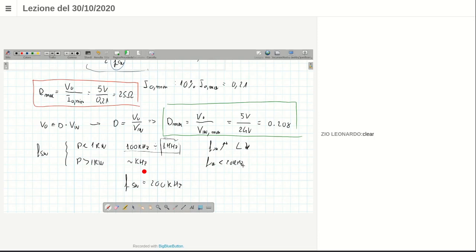So it should be avoided in applications in which this noise could be audible by the user. In this specific example, we will choose a switching frequency of 200 kilohertz.